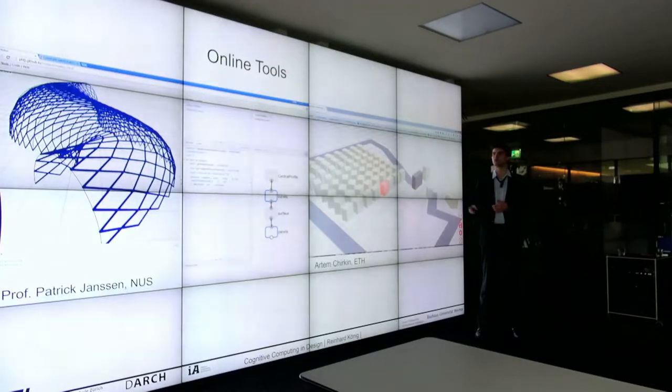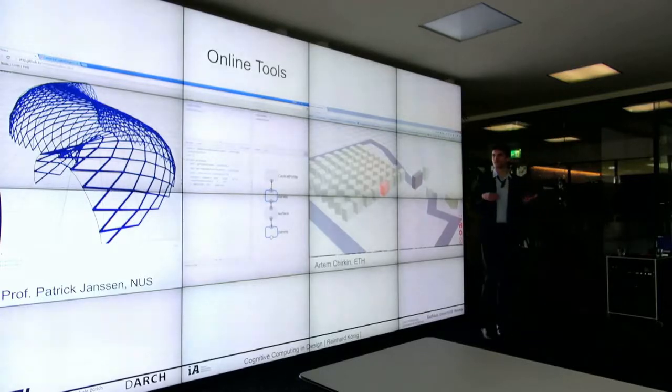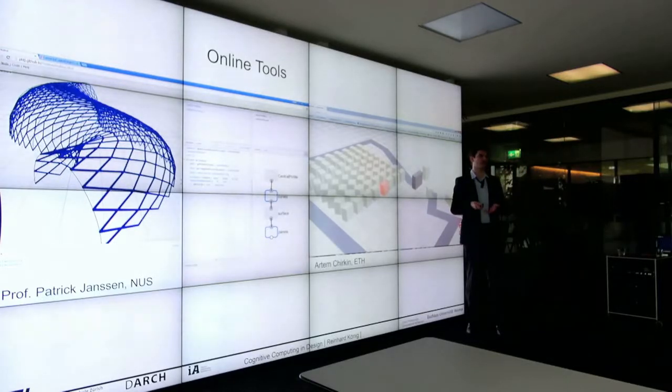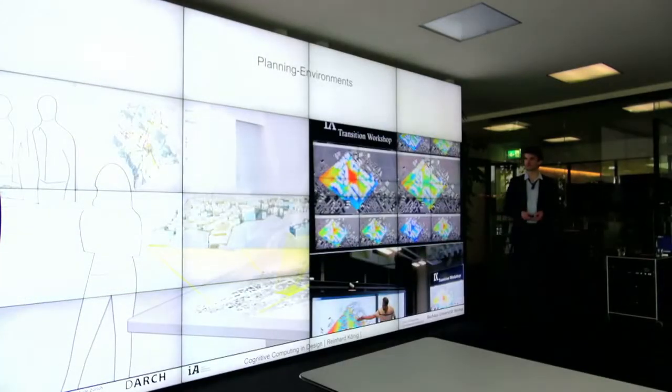compute somewhere in the cloud, and you have these web interfaces that are developed by a colleague of ours, Artem Shirkin, here at the chair, or Patrick Janssen, a colleague in Singapore. So there are many approaches to develop interfaces to work with these systems, and they won't be these static systems that you know at the moment, like CAD systems. They are much more flexible.